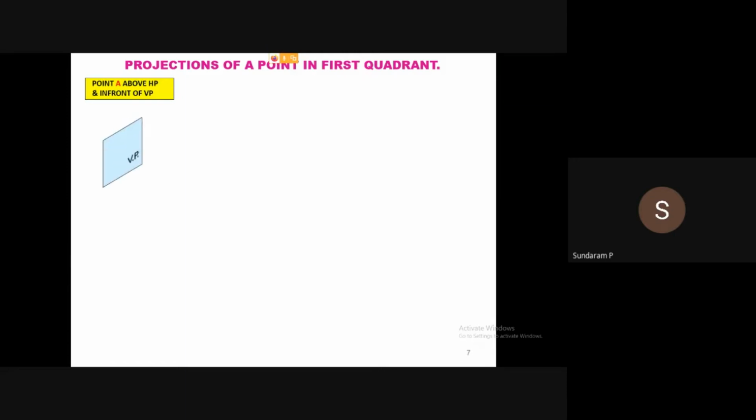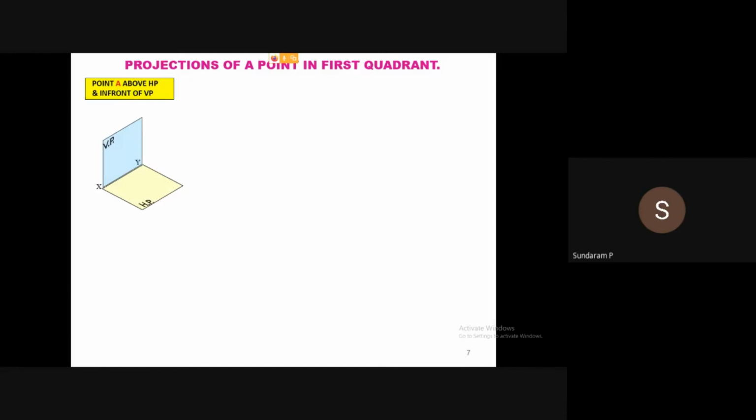So how can we imagine this with our reference planes? You need to imagine it, there is no need to draw the imaginary plane; it is in our mind. So before drawing, you need to imagine the reference planes. That's why I said the horizontal plane and vertical plane are imaginary and dimensionless, so they don't have any thickness, like a mirror.